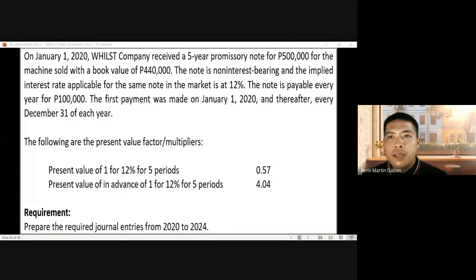Minus 1, divide 0.12. Minus 1, divide 0.12. Minus 1, divide 0.12. Minus 1, divide 0.12. Kapoy. So, sinong nakakuha ng 3.0373?